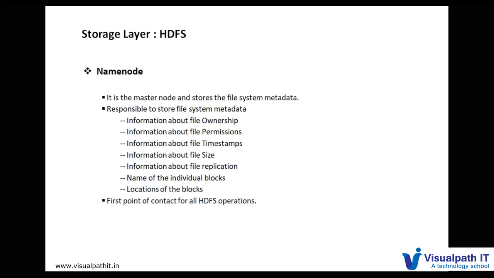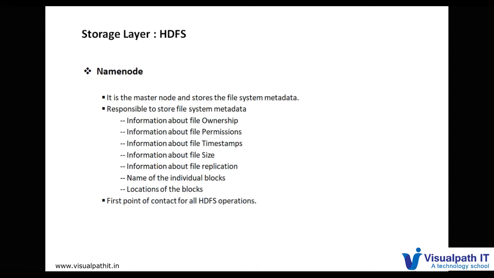Fine. And also the names of the individual blocks and the location of the blocks. For example, in the previous case, we copied some file and imagine 6 blocks it has been divided into. Each and every block has a name, some BLK1, a block name.